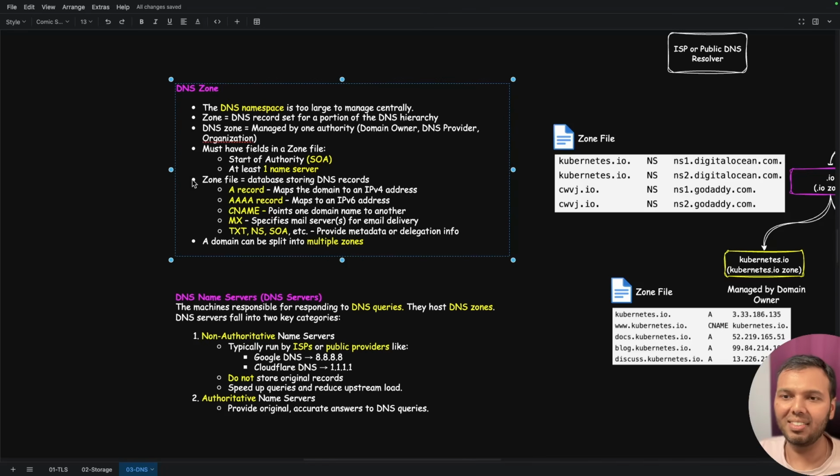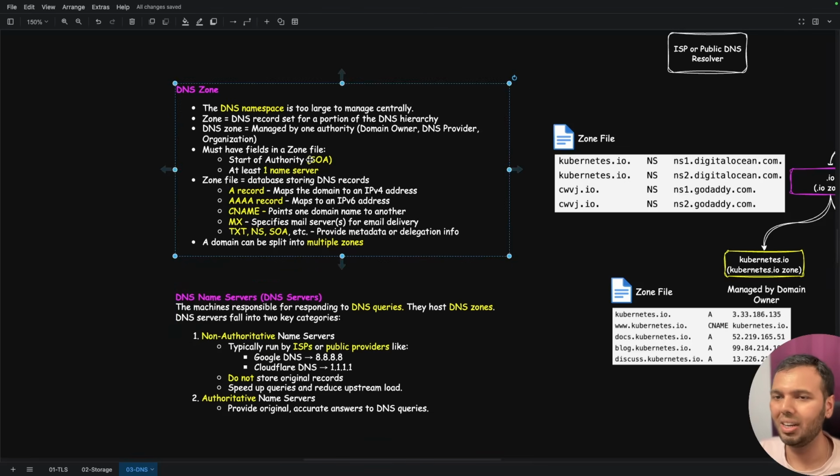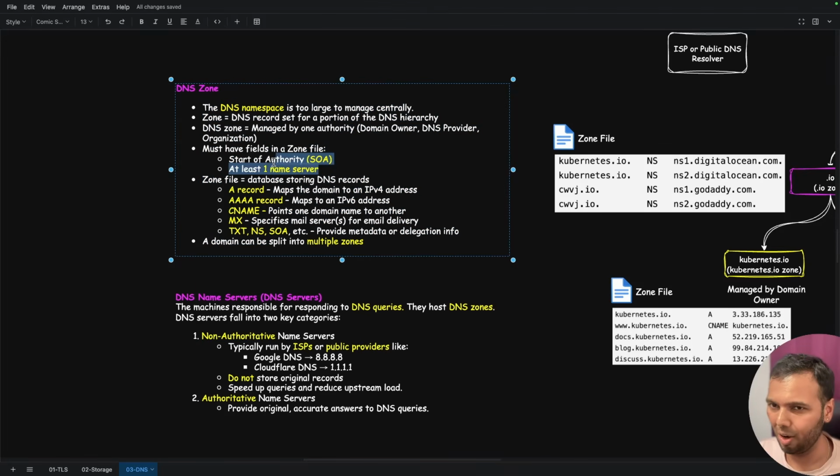And then lastly, at least one name server. We briefly discussed what a name server is in our previous slide, but we have an entire section for it, so do not worry about that. So your zone file should have at least these two records.